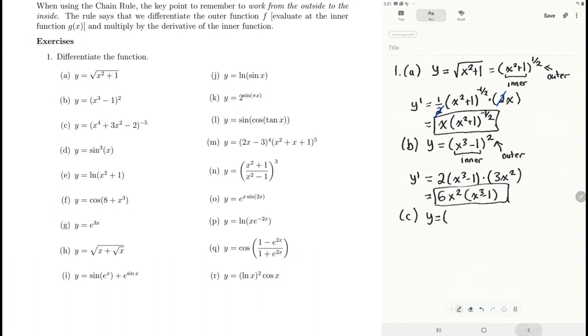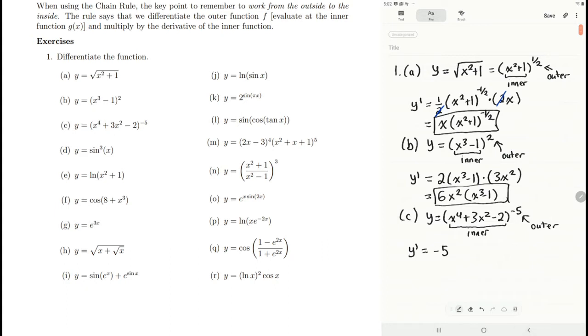In the third example, we have x to the 4 plus 3x squared minus 2 to the power of negative 5. So the x to the 4 plus 3x squared minus 2 will be our inner function. The power of negative 5 is the outer. So then for the derivative, we apply the power rule.